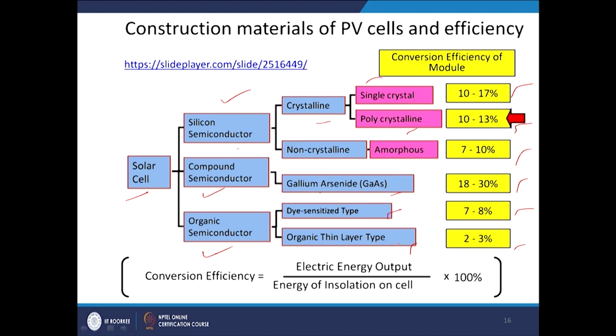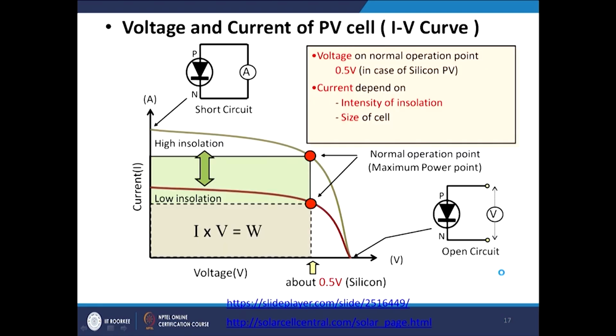So, these are the different materials investigated for the production of electricity in PV mode. Conversion efficiency is obviously the electricity output divided by the energy of insolation on the cell, multiplied by 100, in percentage.